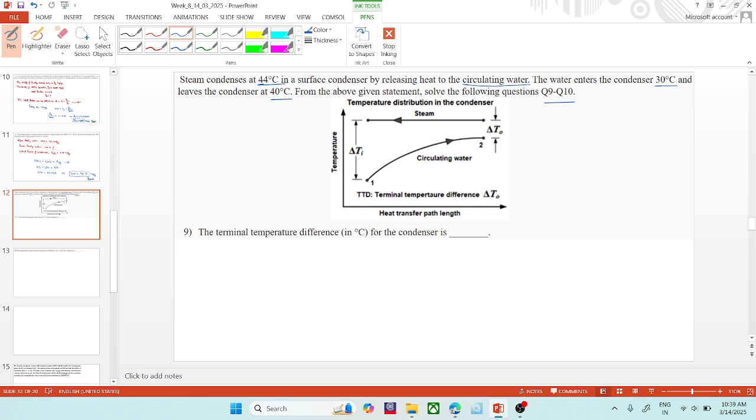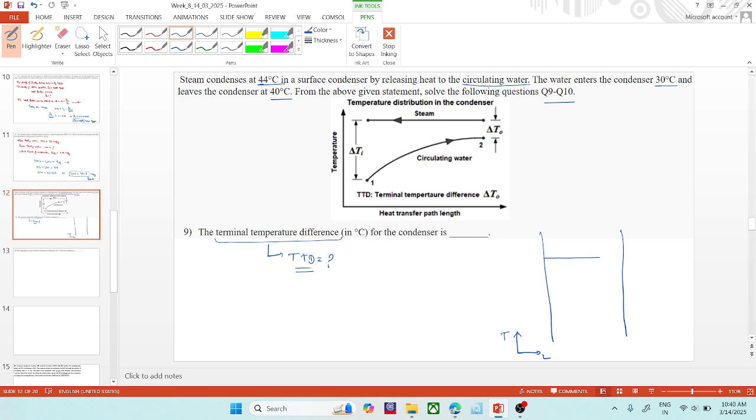Okay. So in problem 9, they have asked the terminal temperature difference, TTD. So let me draw the system. The y-axis is temperature and the x-axis is the length of the heat exchanger.